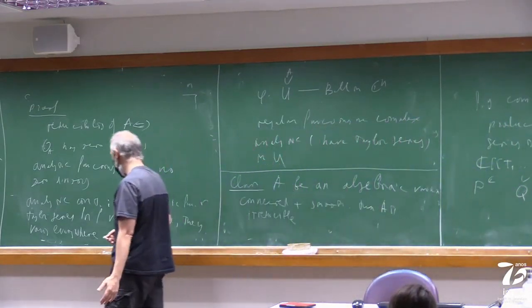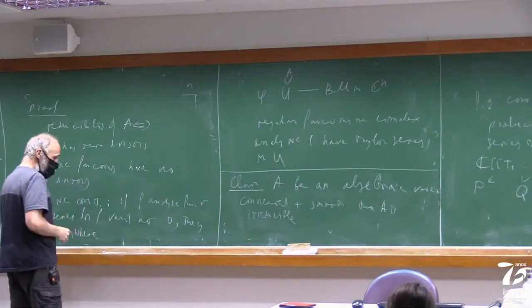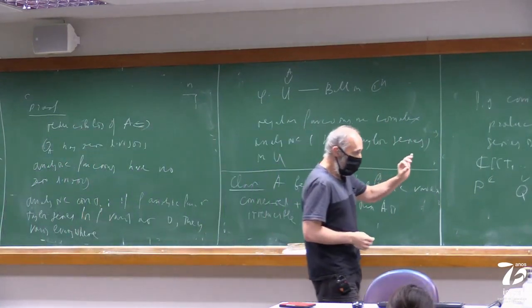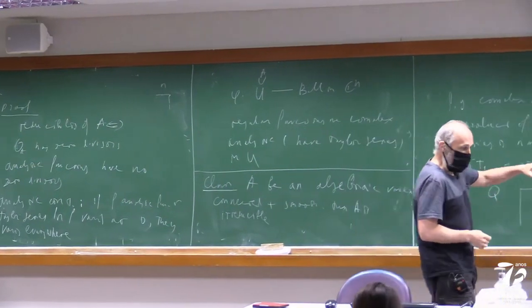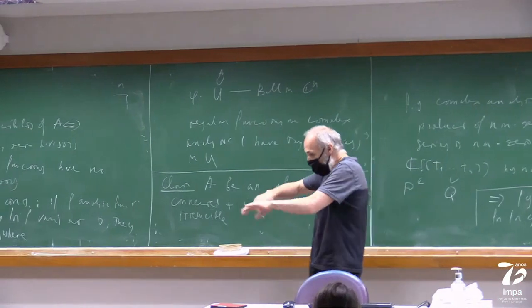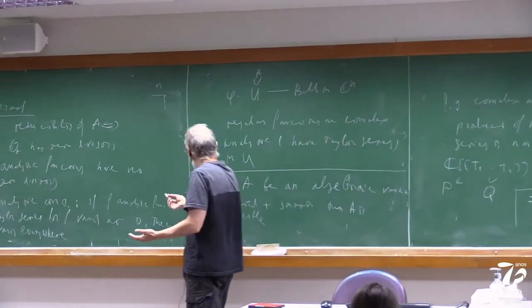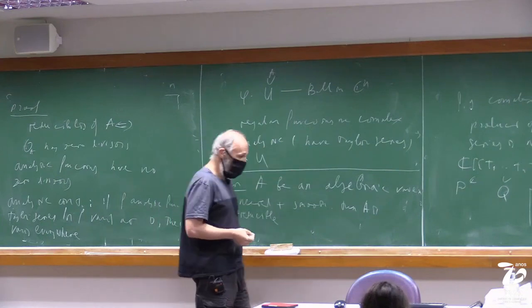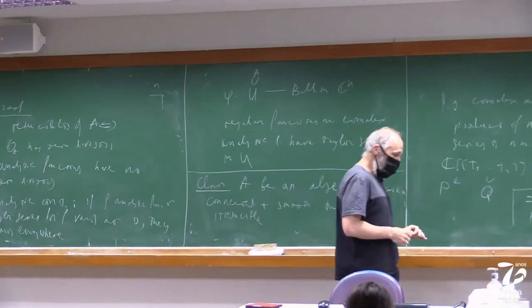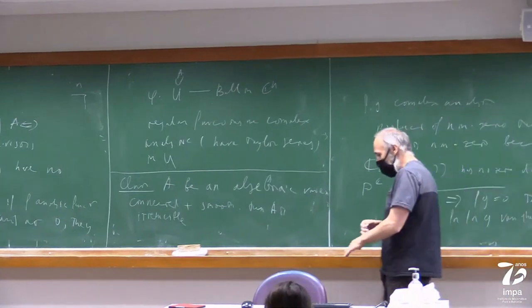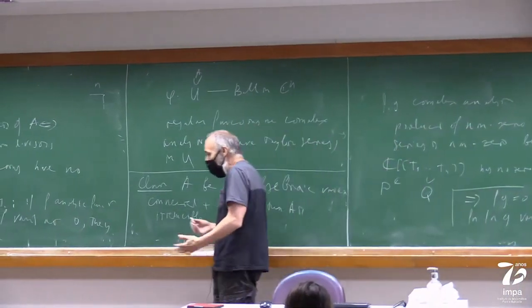So why does it vanish everywhere? Look, you have your function. It has Taylor expansion 0 at one point. This means that it is 0 in its neighborhood, because an analytic function is equal to its Taylor series. So the set where it is 0 is open.